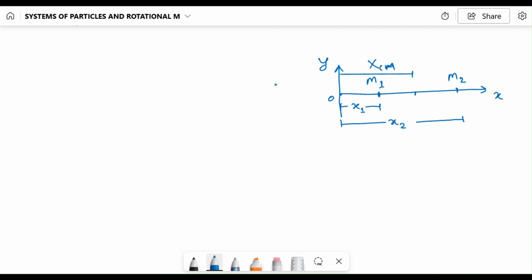What is the concept for this center of mass? There is a point mass which is producing an equivalent effect for these two point masses.